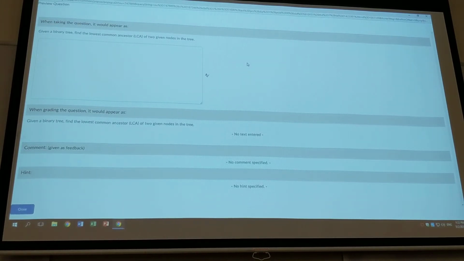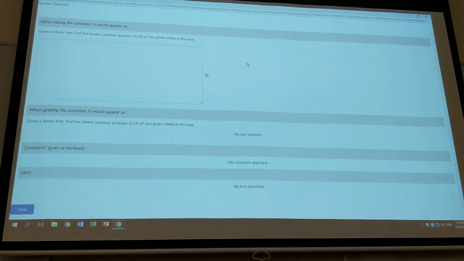If I give you the pointers to those two elements in some way, or just names, depending on how you hold your nodes, then you should be able to find the lowest common ancestor of those two elements.